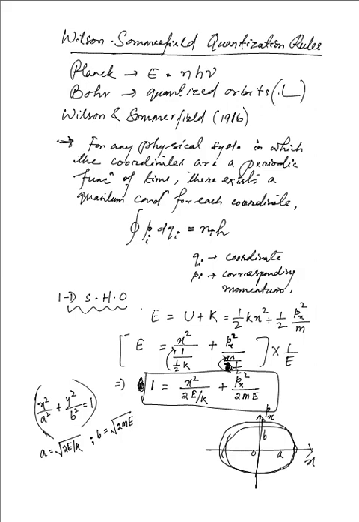Now the area of this ellipse is obtained by integrating over that entire circumference, that is the integral of px times dx, and that must be equal to the area of the ellipse, pi ab, if you remember the area of an ellipse.